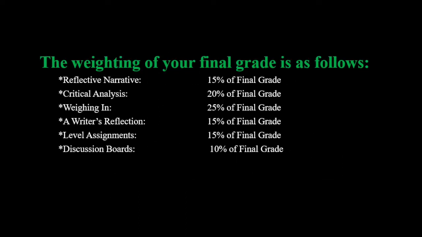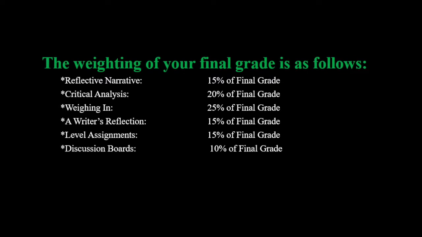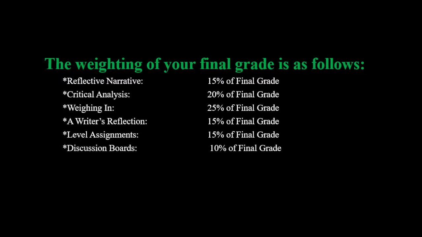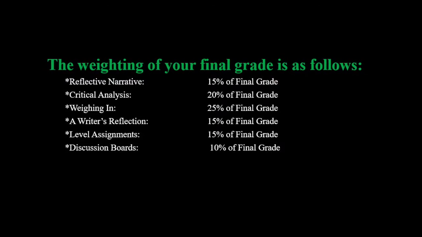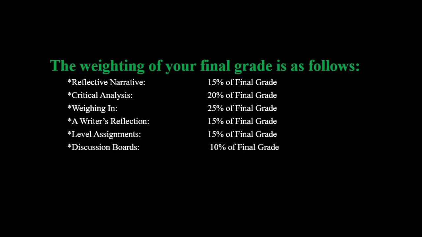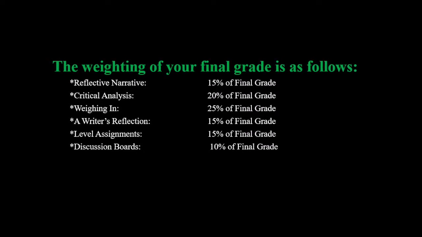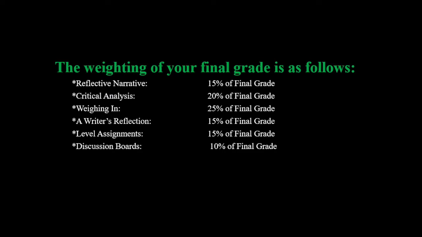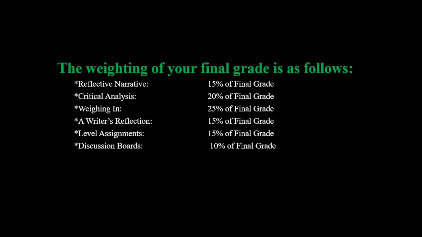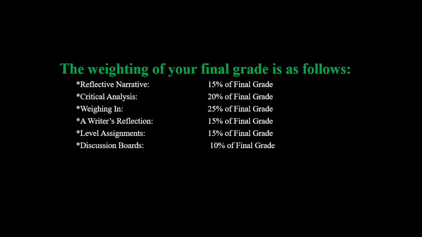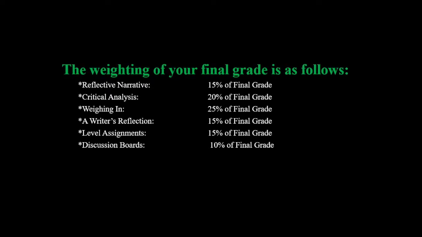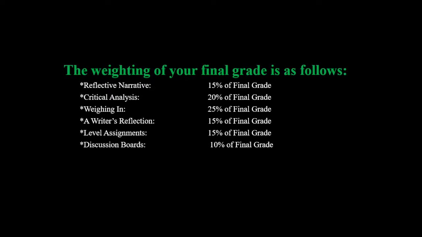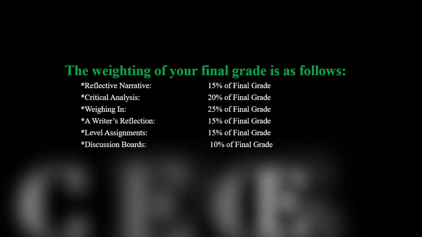Now, the next part of your final grade for this class consists of your level assignments. As I mentioned, you'll have 4 to 7 each week this semester, and then the discussion boards. The level assignments are worth 15% of your final grade, and the discussion boards, which are pretty simple, you're just responding to a question, you and your peers, that's going to be worth 10% of your final grade.